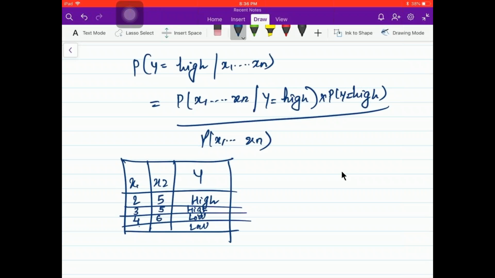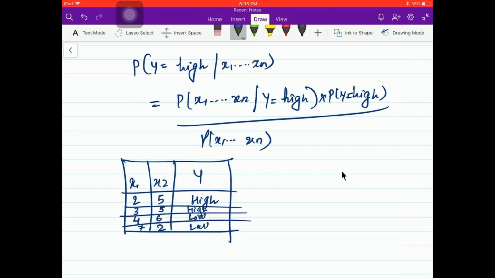Suppose you have this data set and you want to predict the probability of y equal to high when x1 is equal to 2 and x2 equal to 5.